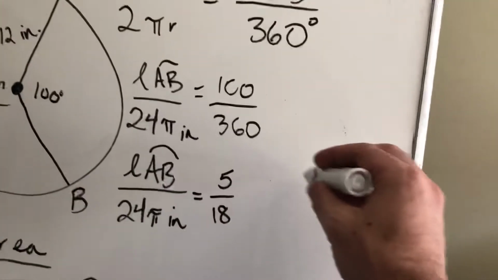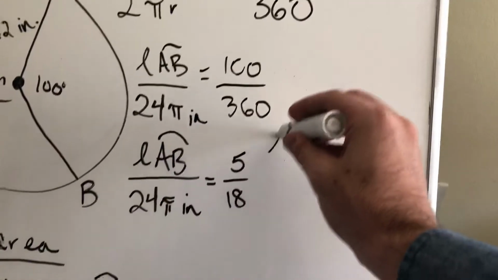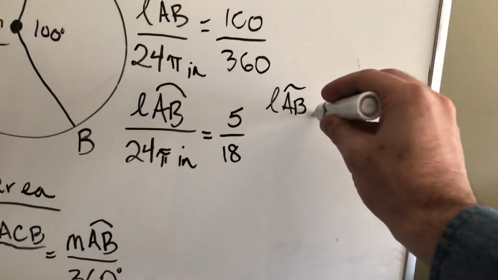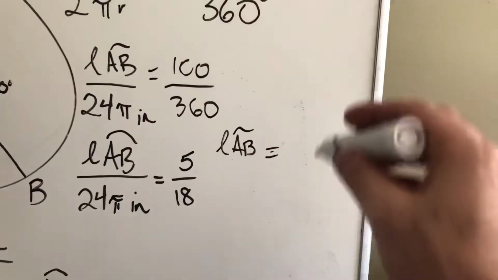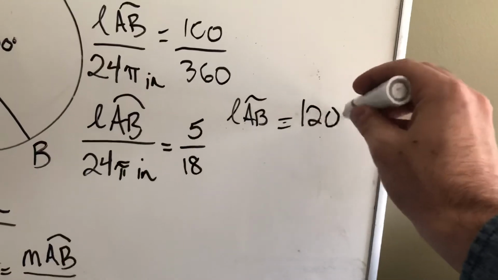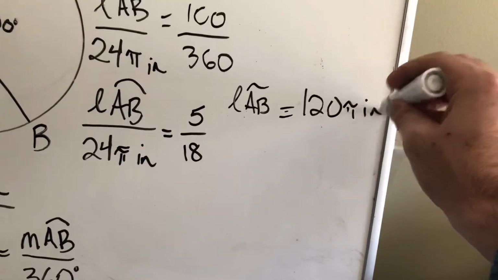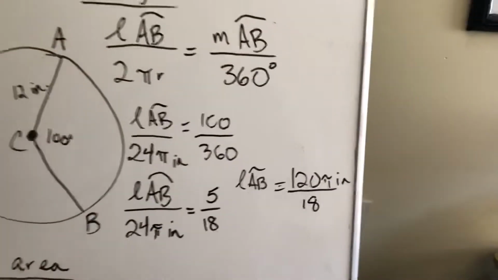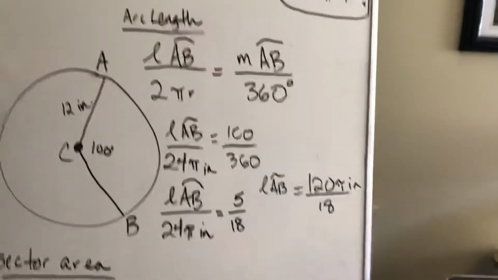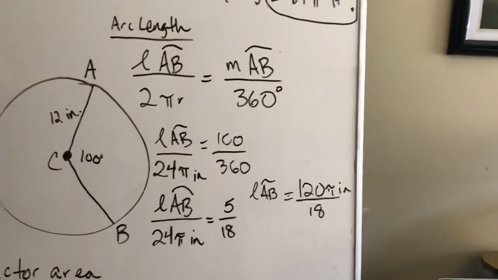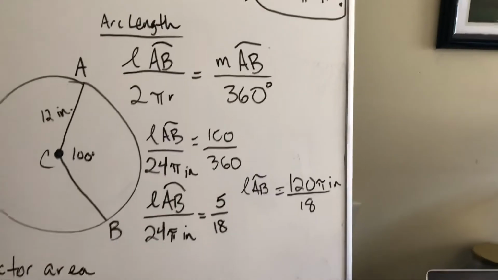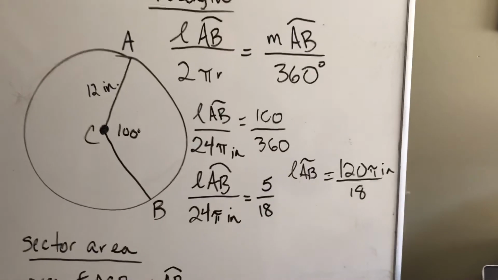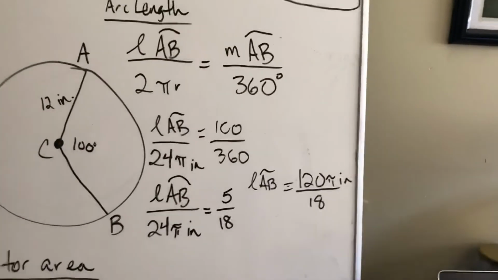This is going to give me the length of AB is going to be 120 pi inches over 18. Now for these types of problems, because pi is going to be in the calculation, we oftentimes want to get an actual length. You could leave your answer in terms of pi, but let's just say round to a tenth. You can look at the problems and see what they specify and ask you to do.